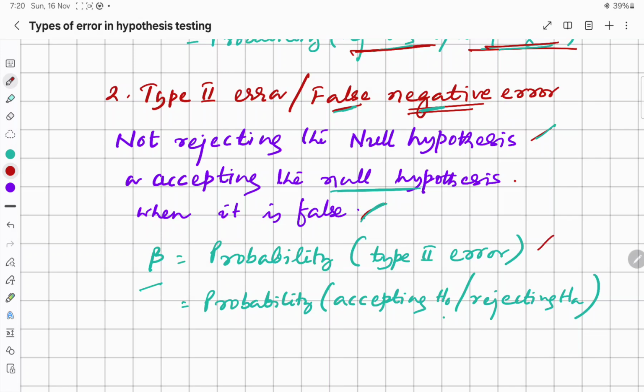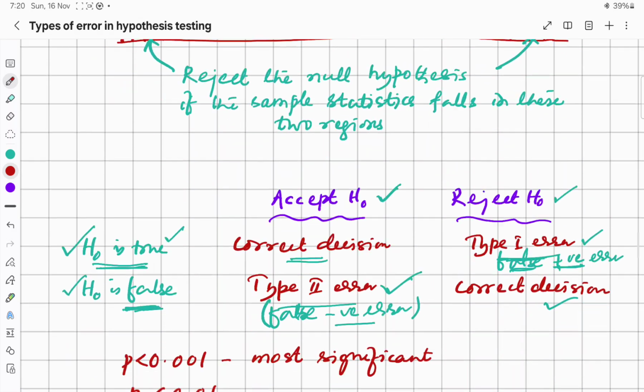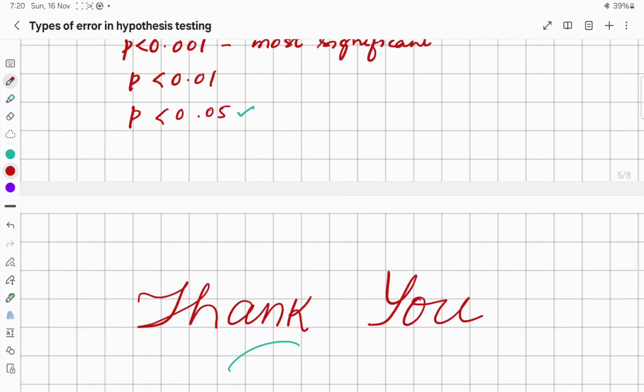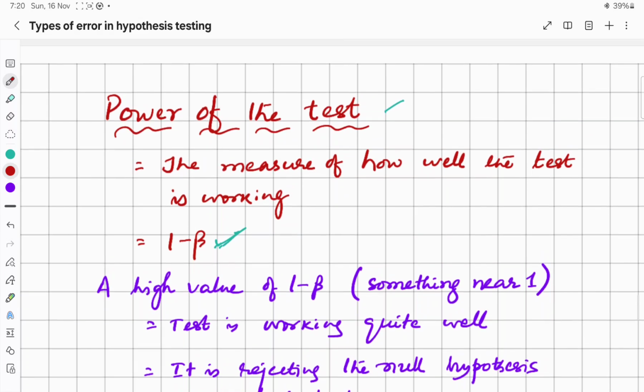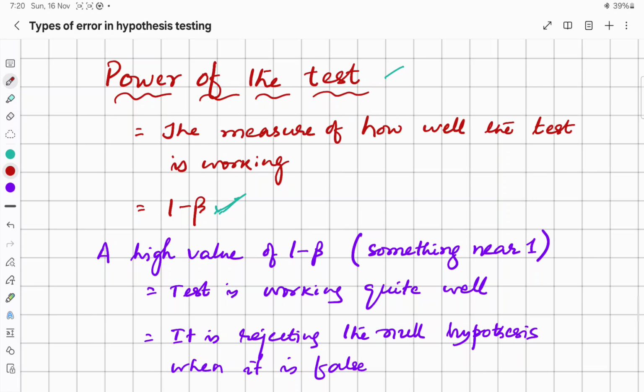In other words, beta is the probability of accepting the null hypothesis or rejecting the alternate hypothesis. And 1 minus beta is called the power of the test. Okay?